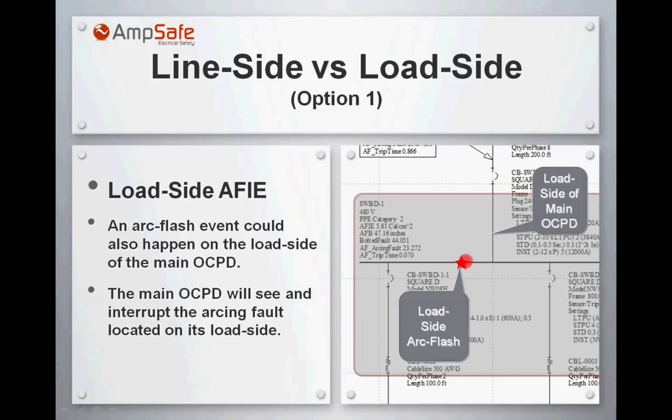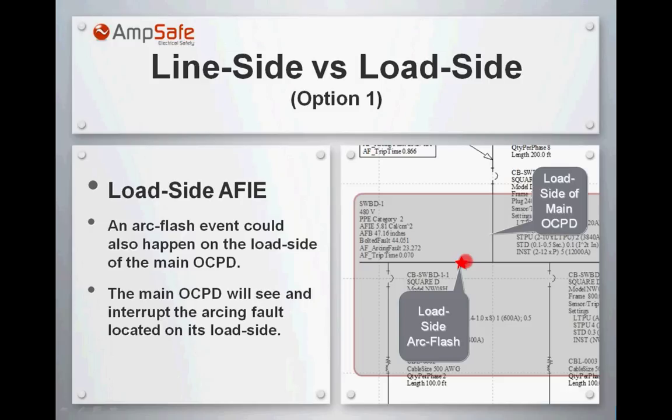That's a real example, a real arc flash study that we have done, and this is pretty much the difference that we have between the two. The line side arc flash incident energy gives the result that you cannot work in this panel, and the load side incident energy is a much lower energy and it's very workable. Okay.